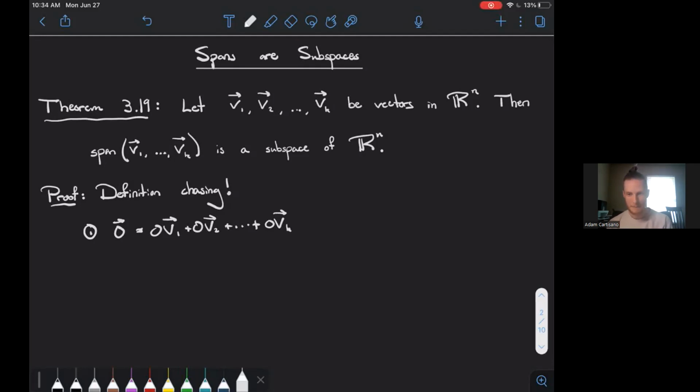You want me to prove to you that the zero vector is an element of this set? Well, remember, the span of a collection of vectors is literally the set of all linear combinations of those vectors. Well, here is a linear combination of those vectors, so it's a member of the span, but it's also the zero vector, which is what we want. We need the zero vector to be in there.